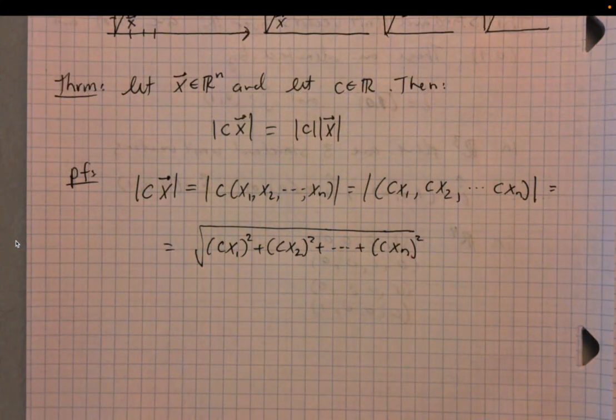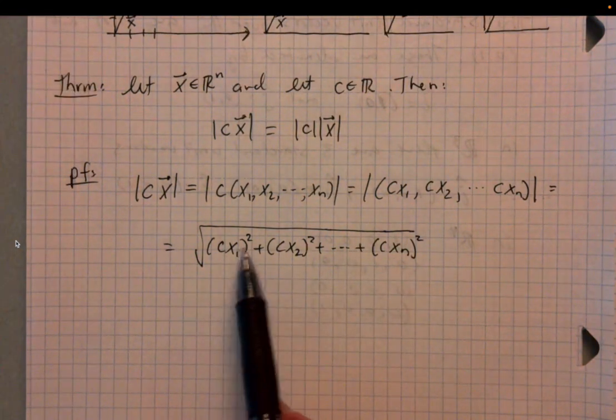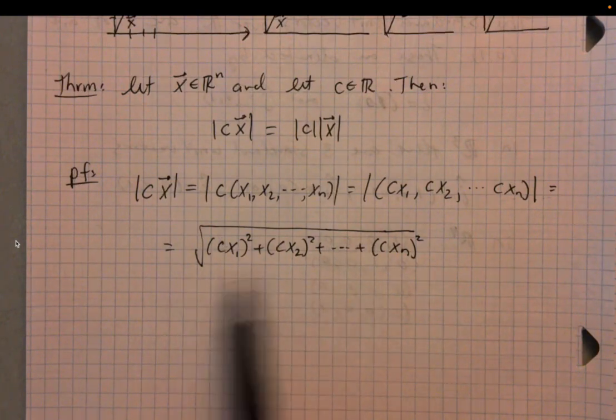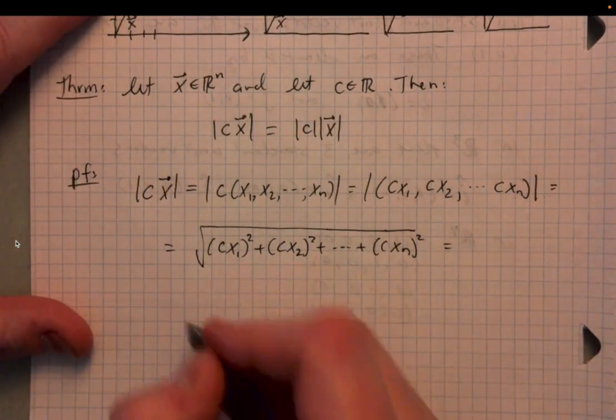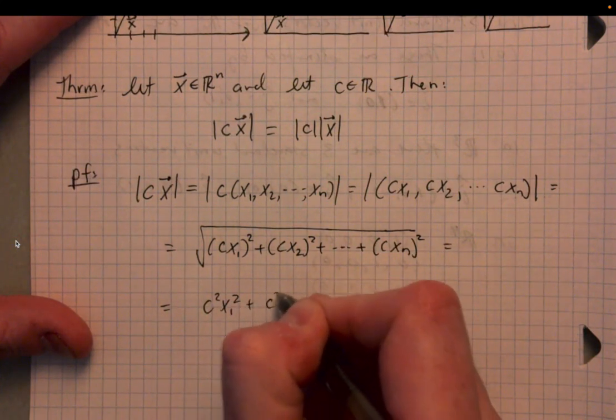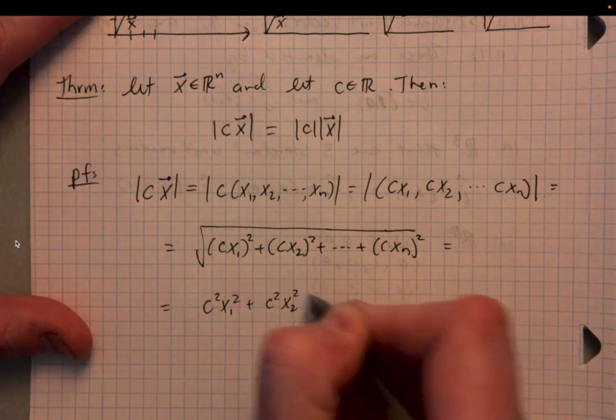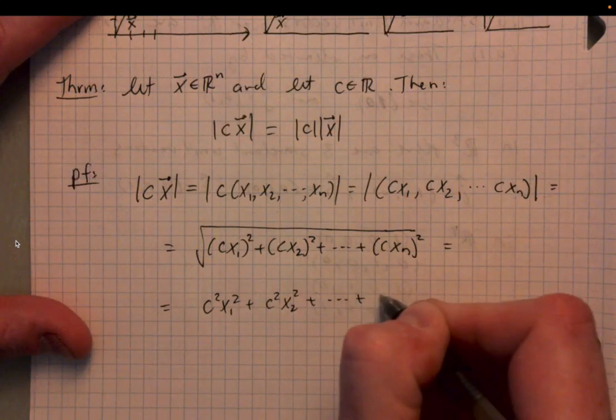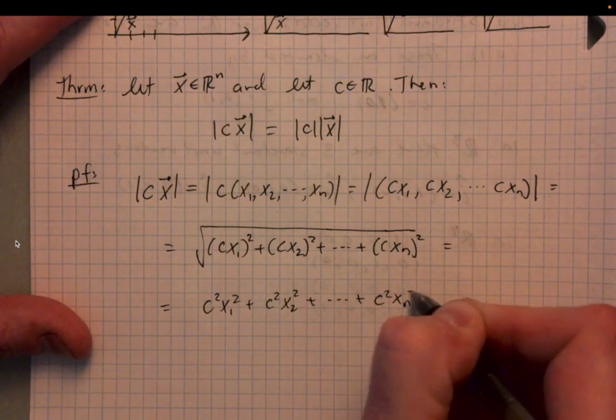Each of the terms inside the radical can be squared separately, so you have c squared x1 squared plus c squared x2 squared plus ... plus c squared xn squared.